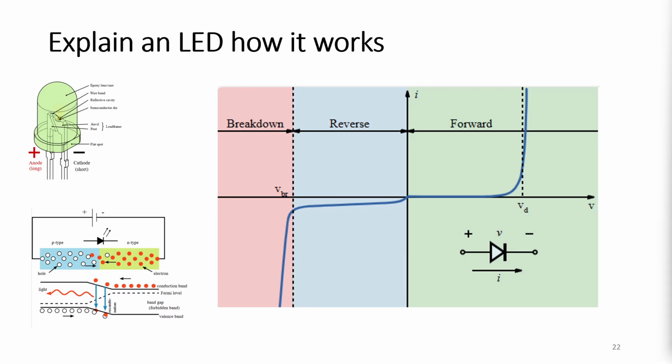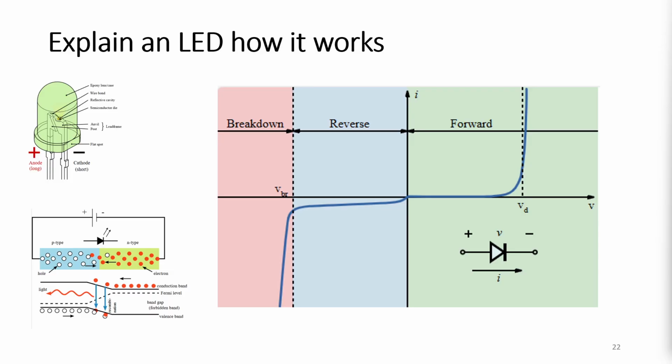It's important to notice all the changes that occur in our circuit. We have the breakdown region, the reverse region, and the forward region. Those regions are very important for the LED.